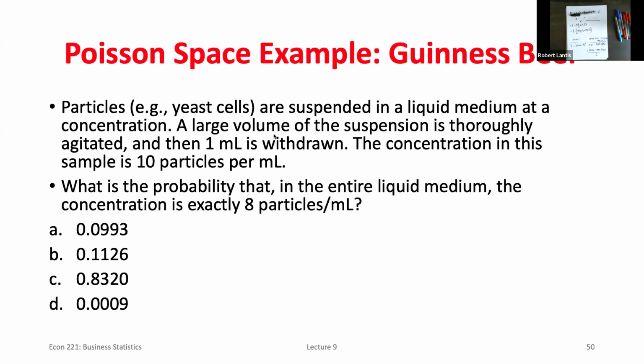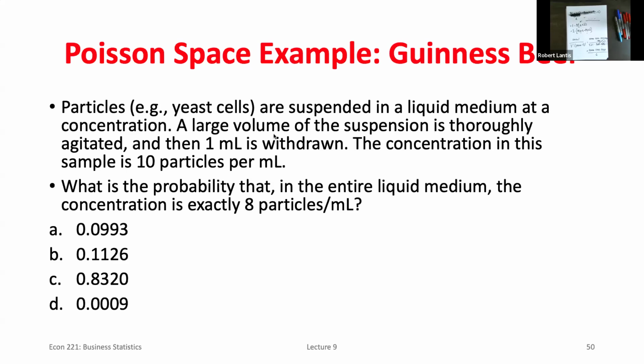Smart guy. So the example we're going to use, enough of that, is let's say I was testing, right? I've got this huge vat of liquid and I'm testing the yeast particles per milliliter. So I draw out 1 milliliter and I see that there's 10 particles, okay? What's the probability that in the entire liquid I see exactly 8, right?